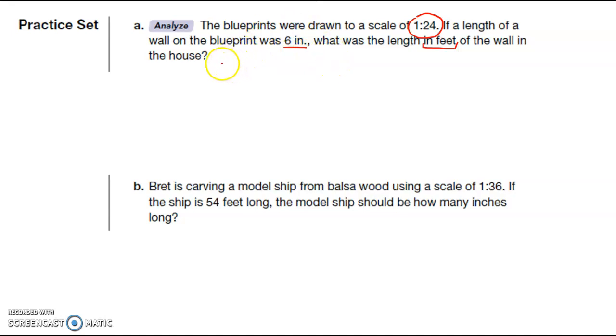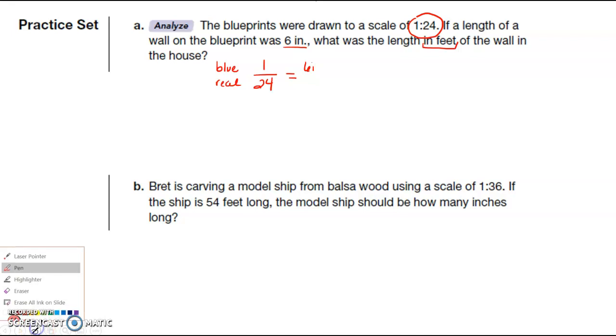So if it goes from blueprint to real life, 1 to 24 means 1 inch on the blueprint is 24 inches on the wall. Then if it's 6 inches on the blueprint, let me erase that because we don't need to get our units all mixed up right now. How many inches is it on the wall?